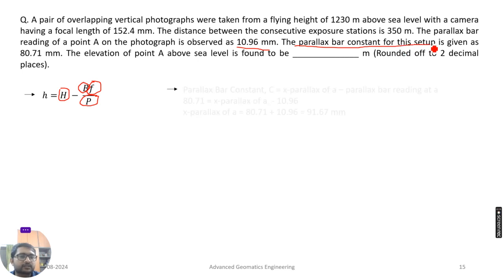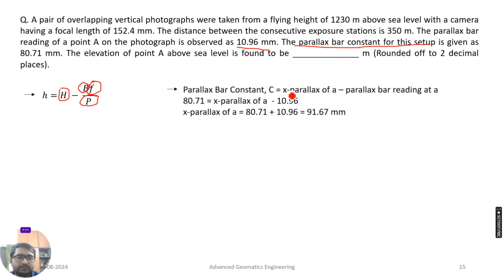Basically this constant is equal to the x parallax minus the parallax bar reading at point A. This is the formula that you use to find the parallax bar constant. It is the x parallax of any given point minus whatever reading you take from the instrument when you put it on the map or image.